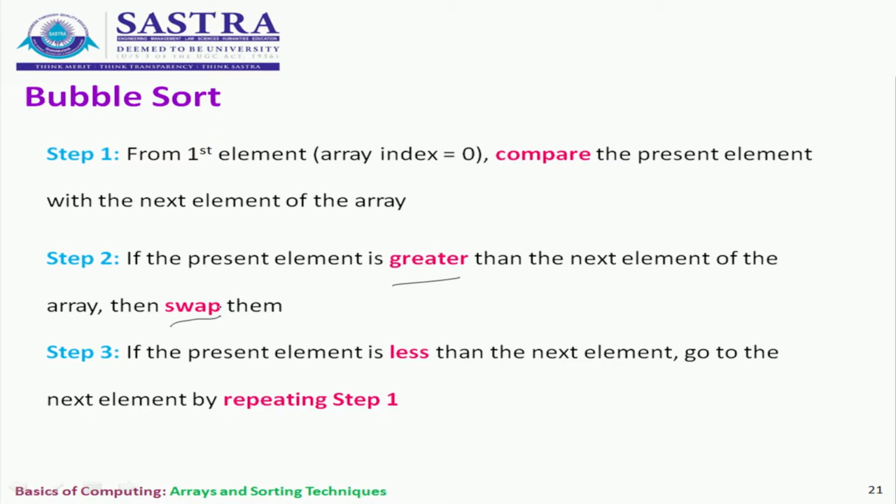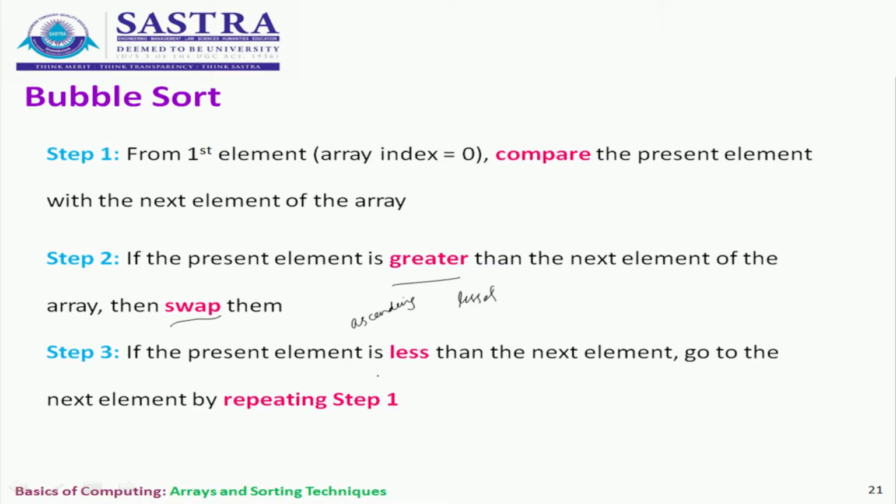This is for preparing ascending order. Whereas if we want to generate a descending order array, we compare for lesser, and if it is lesser, then we swap. That is the only change. So with this simple algorithm, we can arrange the elements in ascending as well as descending order.